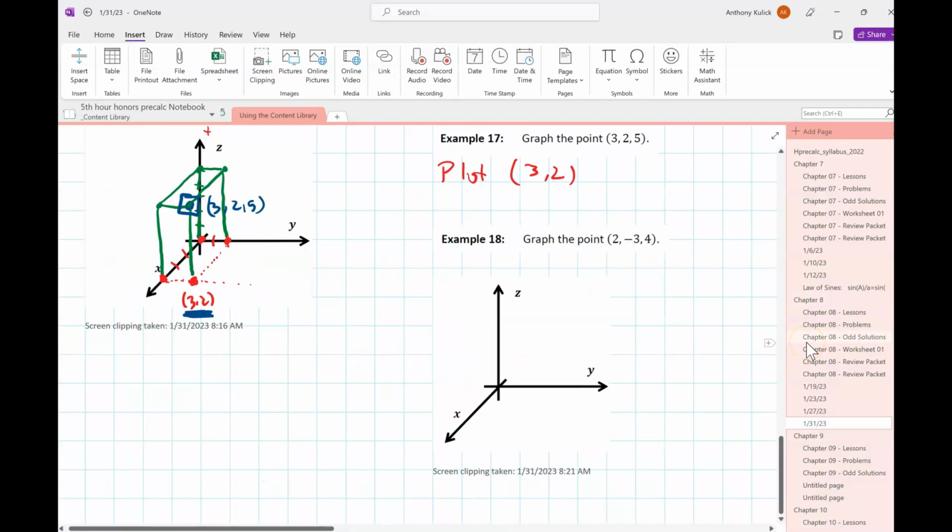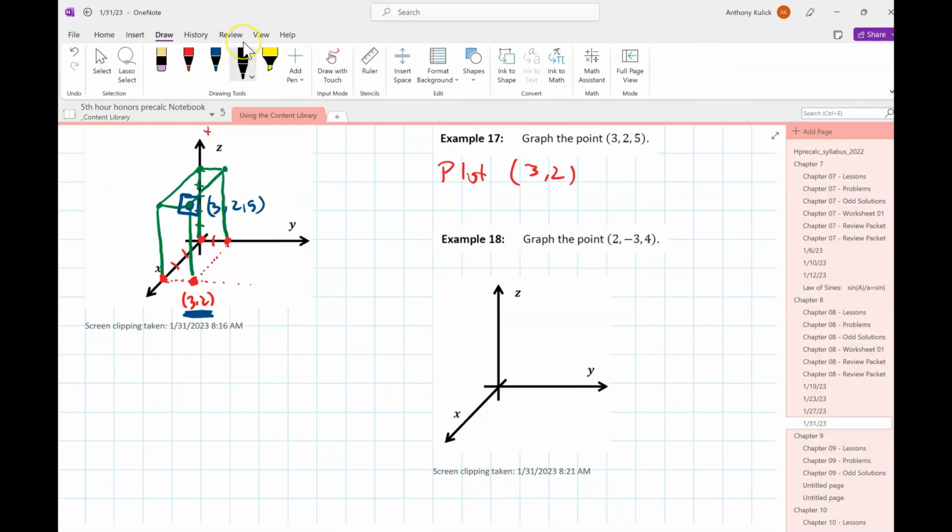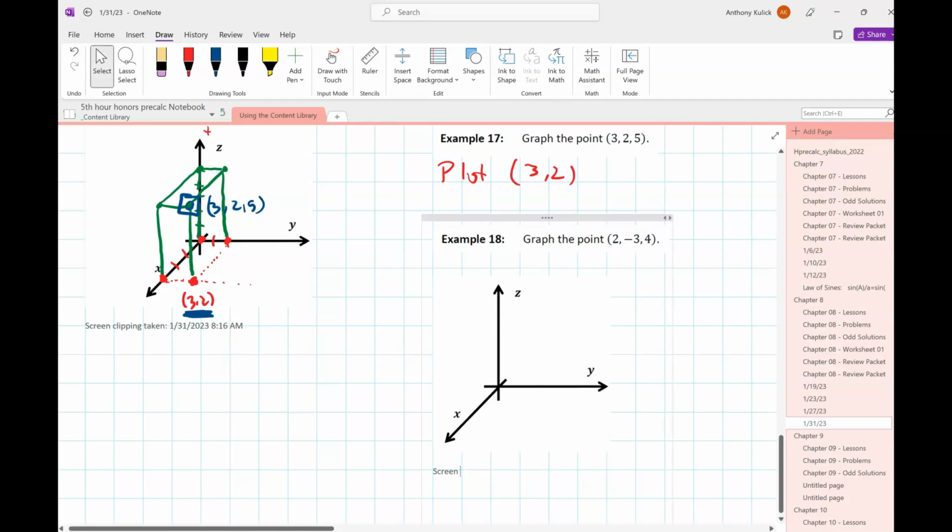All right. So first thing I'm going to do is worry about the point 2, -3. So I'm going to have to extend the y-axis in the negative direction, right?